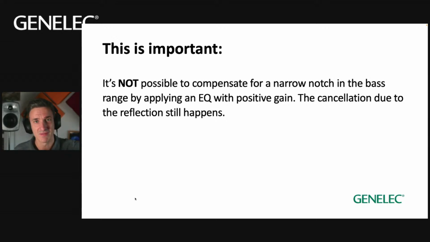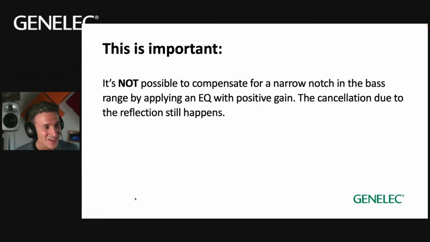If I boost, for example, 70 hertz, because there's a notch of 10 dB, let's say, then I boost 70 hertz by 10 dBs, which will make your speakers go wild, I can tell you. So you will see a lot of red LEDs then. You will still also boost the reflection because the 10 dBs more 70 hertz will still be reflected and they will still cancel out. So it's not possible.